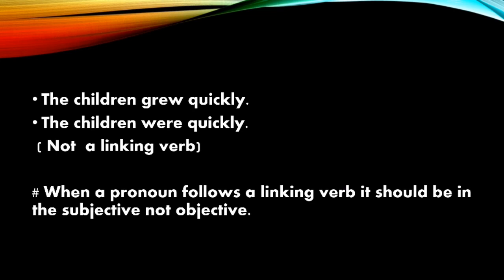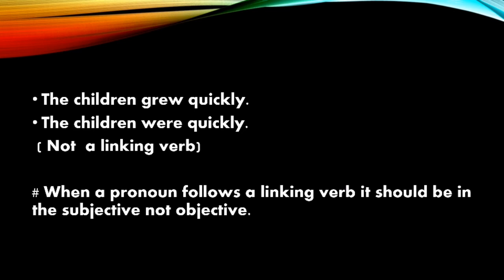The children were quickly. That's why here grew cannot be used as a linking verb because while we have replaced grew with were, it didn't give the meaning, right? That's why here grew cannot be used as a linking verb.